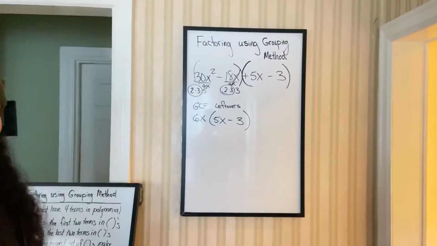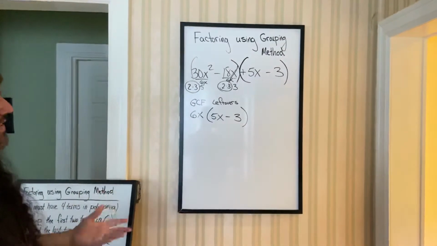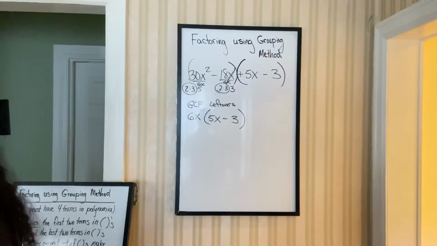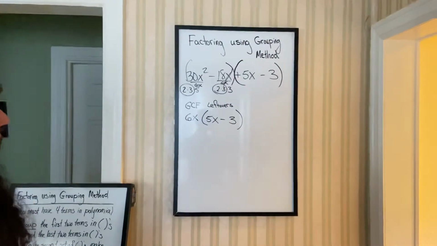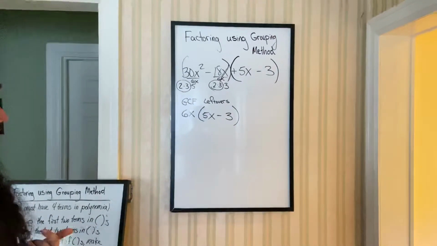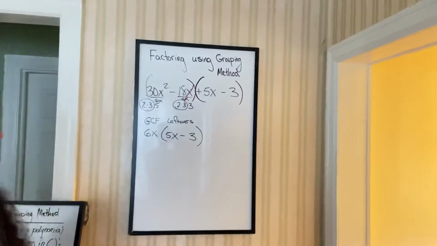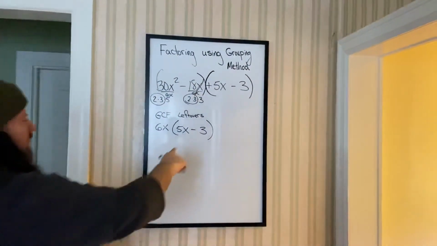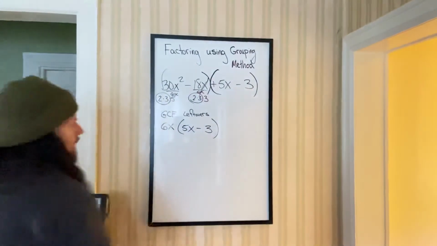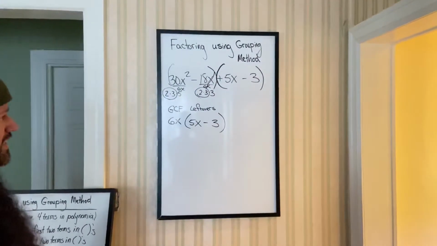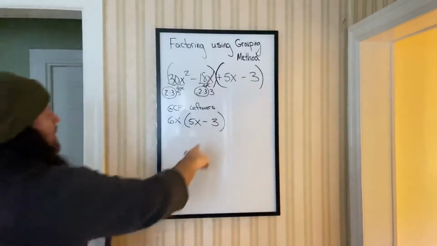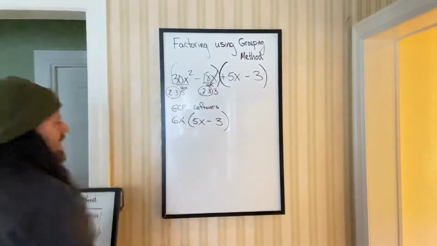In the second set of parentheses, our step 3, see if there's a GCF. No matching parentheses. I don't have the same letter in each term, because that 3 is a constant. I don't have a number in common, because 5 can't break down and 3 can't break down.